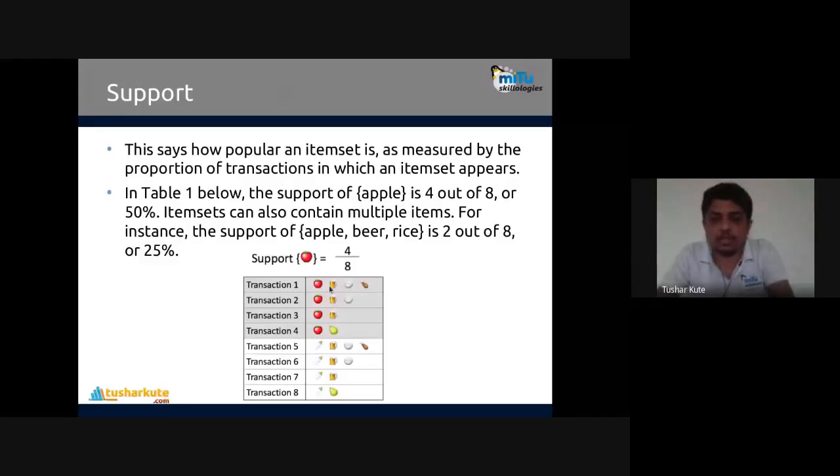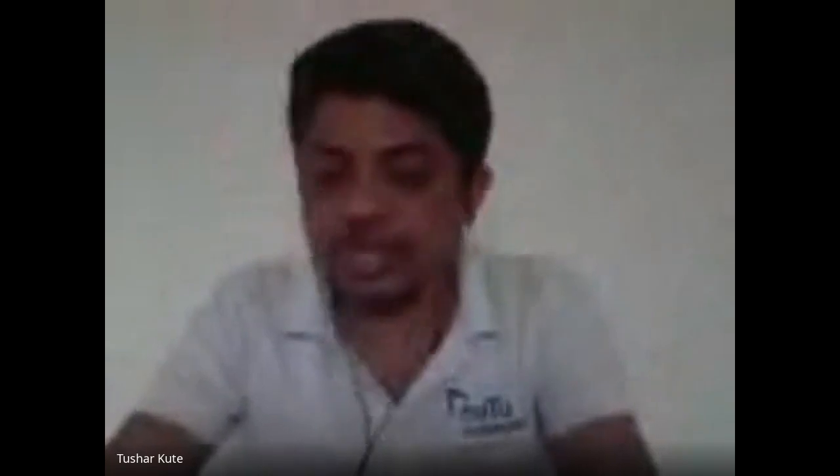Let's talk about another one. If apple and beer, then rice. I have purchased apple and beer, and along with that I have purchased rice. What's the confidence of it?